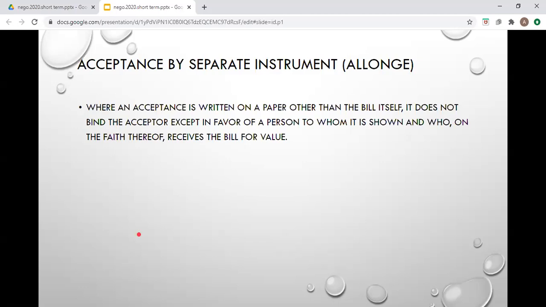same for value. Kung meron na yung acceptance na nakalagay sa allonge, kaya lang hindi niya nakita yung allonge na yon. Or nakita niya, kaya lang hindi siya nagtiwala na mababayaran yung instrument, then our acceptor in that case is not liable to that person. So he is not liable to the person who has not seen it.